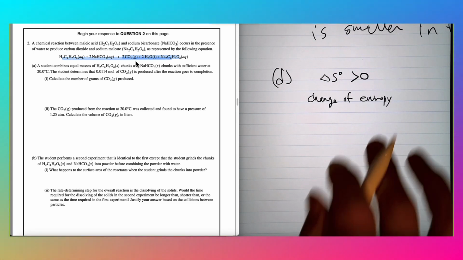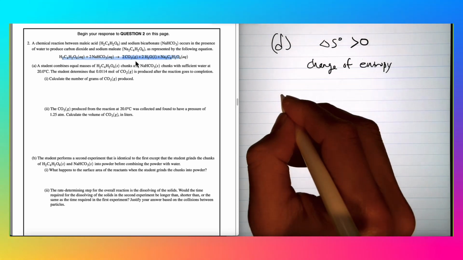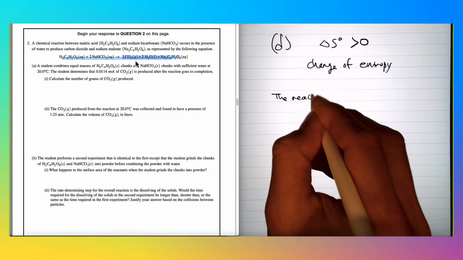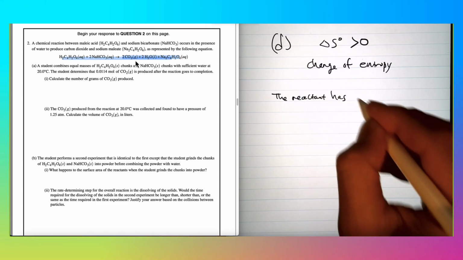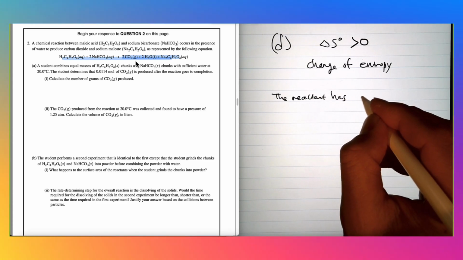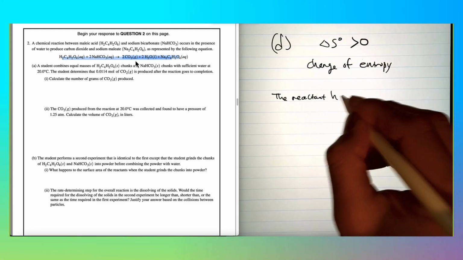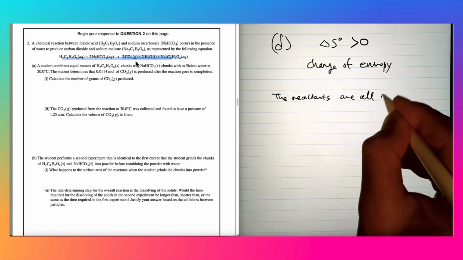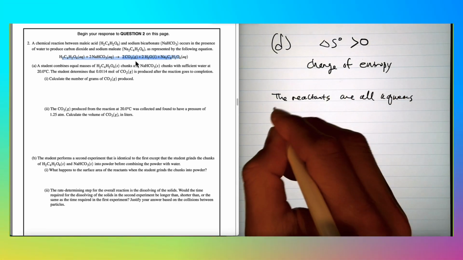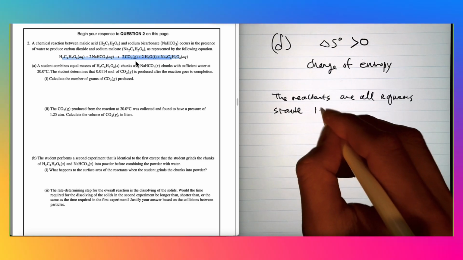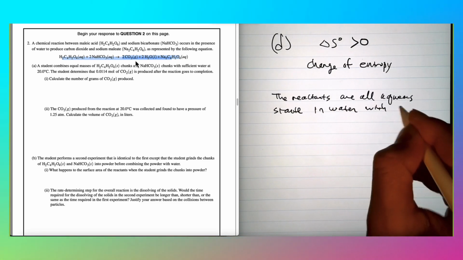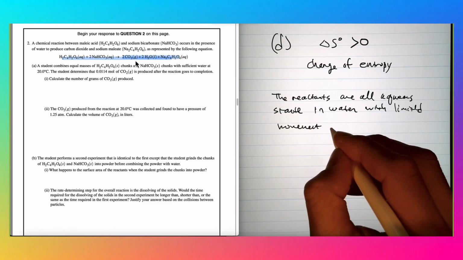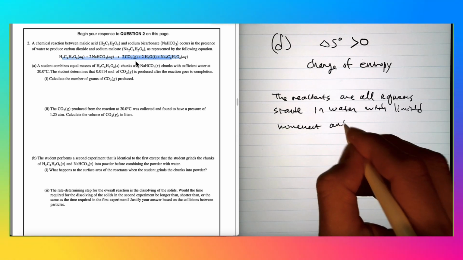So I am going to say, okay, the reactant or reactants are all aqueous, in water with limited movement and spatial orientation.